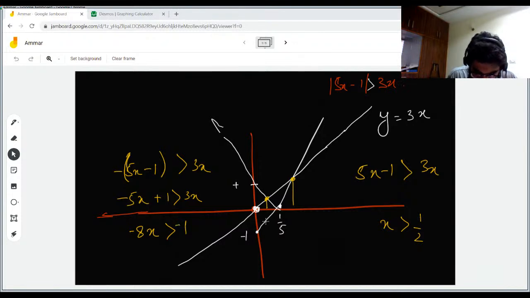And when I multiply both sides with minus 1, or divide both sides with minus 8, I get x is less than 1 by 8. So we are talking about region x is less than 1 by 8.